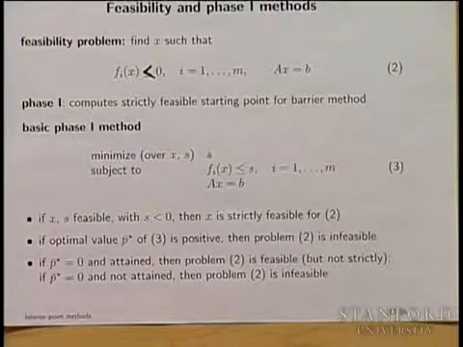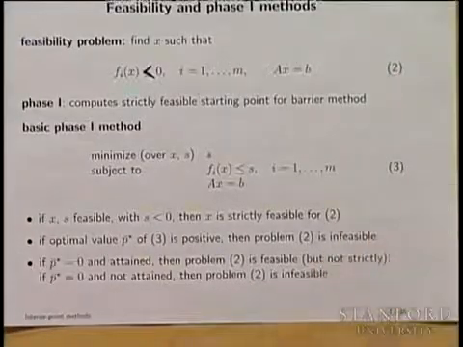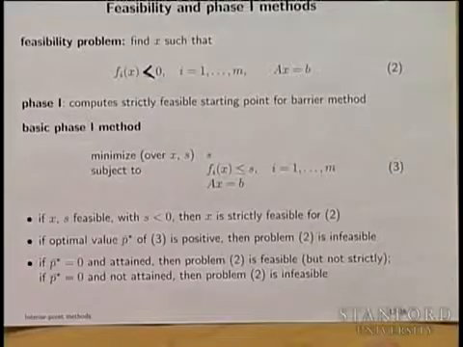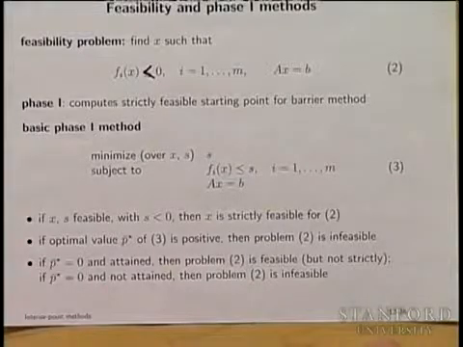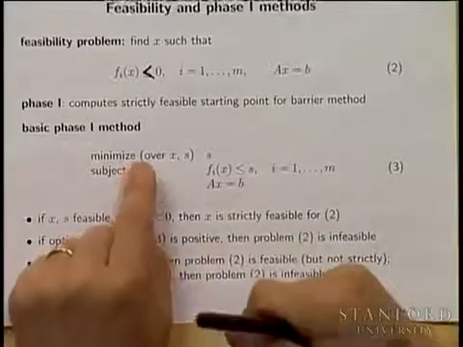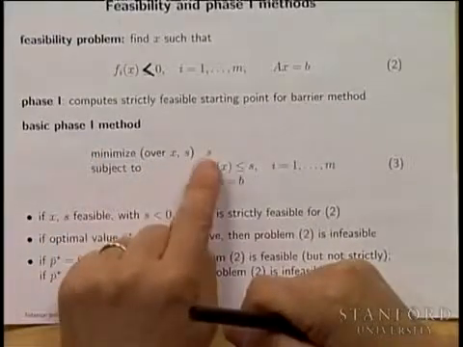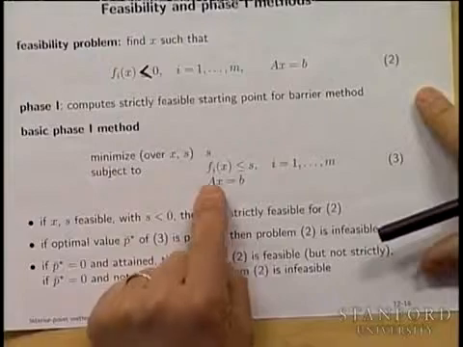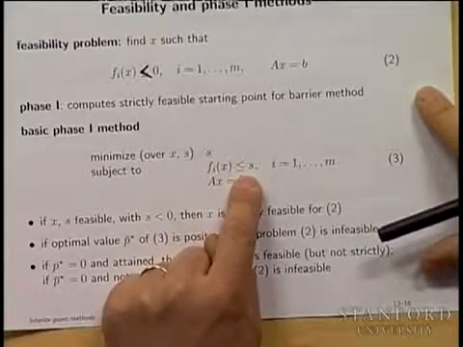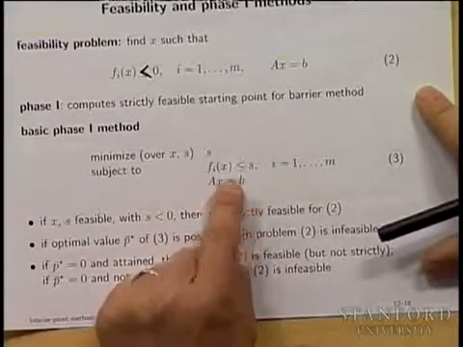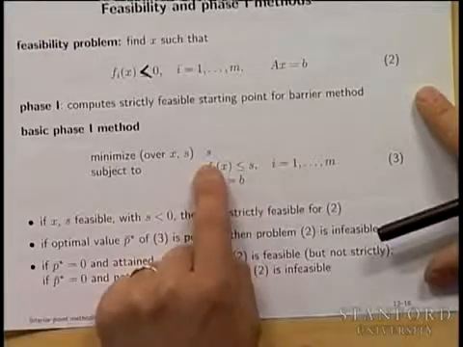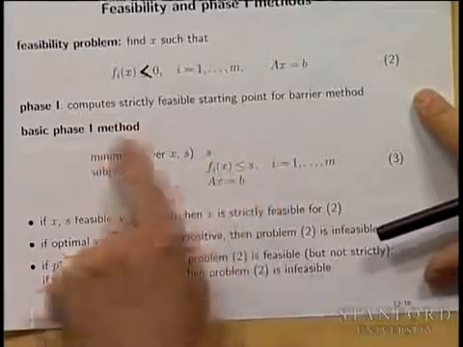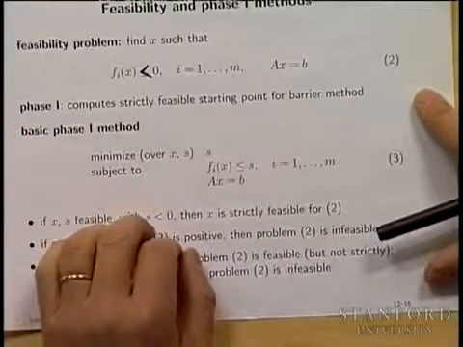The standard trick is to solve phase 1 by solving a similar problem. Here's what you do. You solve this problem, the most classic one. You add a new variable s, and you say fi of x is less than s, with Ax equals b, and you minimize s. That's a convex problem too.